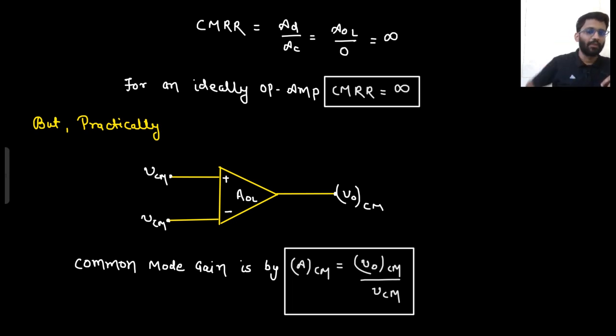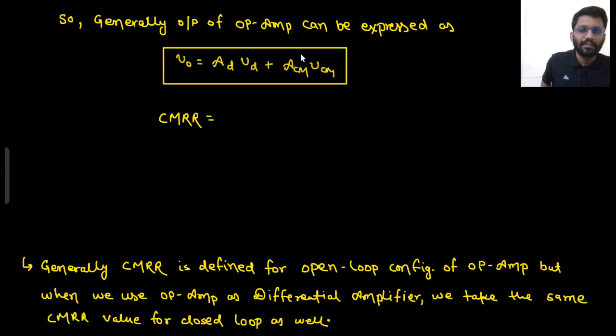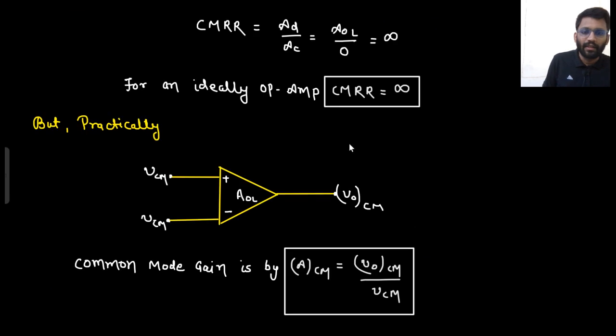I am getting some finite output. So how will I define my common mode gain? That would be V naught CM divided by the common mode input. That's it, V naught CM divided by VCM. This is how I will define it. So what will be my CMRR? CMRR will be differential gain divided by common mode gain, right?